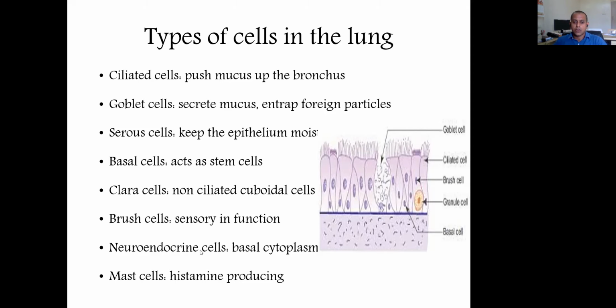Okay, and the neuroendocrine cells, and the mast cells, which help in histamine production during the allergic reaction. Right. So these are the different types of cells which are present in the lungs: ciliated cells, goblet cells, serous cells, basal cells, club cells, brush cells, neuroendocrine cells, and the mast cells.